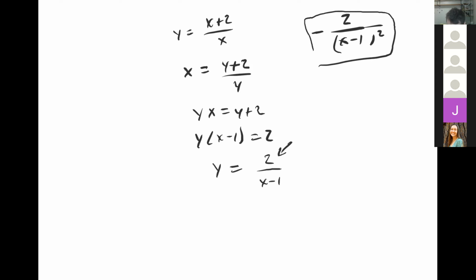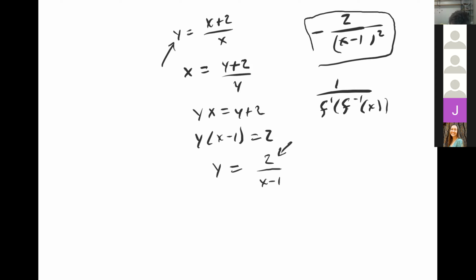And then for the other method, we can do the 1 over f prime of x, f prime of f inverse of x. And so for this method, we take the derivative of this, and that gives you, okay, so we have to use our quotient rule. So I think it's low d high.